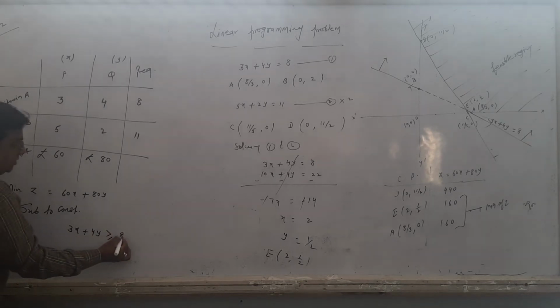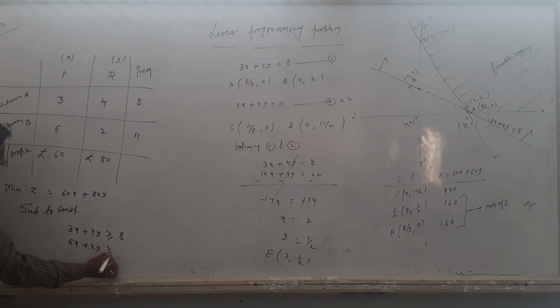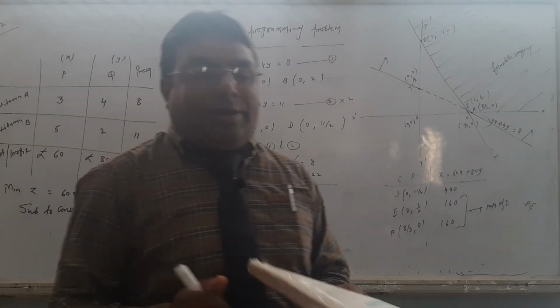So this is the first condition. Second condition: 5x plus 2y, at least 11 units, that means greater than or equal to 11. And the last condition, every question में x and y are greater than or equal to 0. That means आपका feasible region is only the first quadrant.